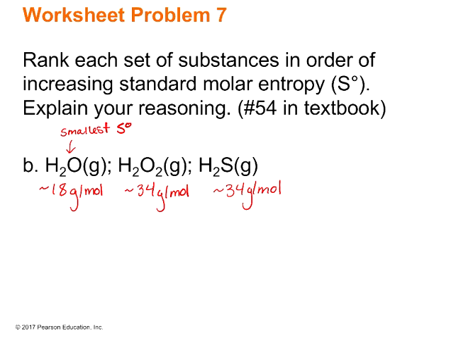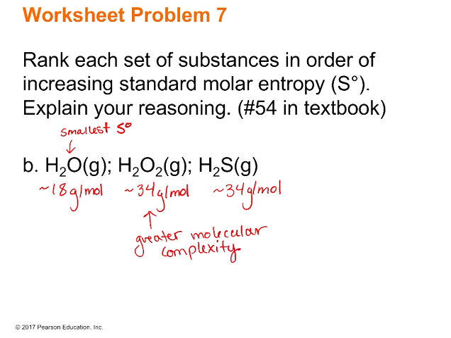Okay, so now let's consider molecular complexity. Which of those two molecules is more complex? So H2O2, right? Because there's 4 atoms present rather than just 3 in H2S. All right, so this would have greater molecular complexity compared to H2S.